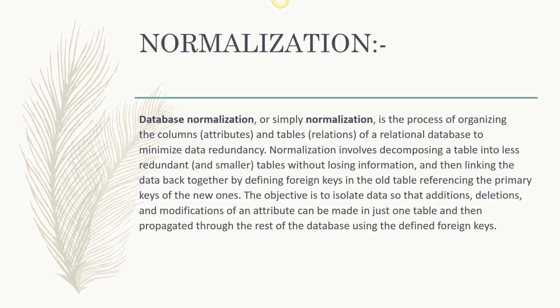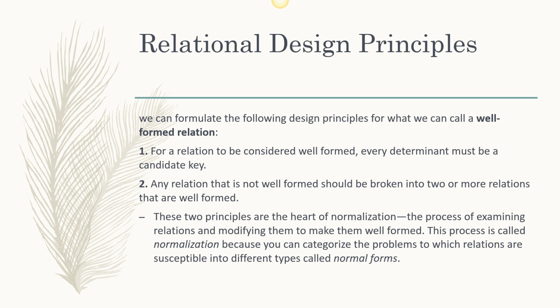The objective is to isolate data so that additions, deletions, and modifications of an attribute can be made in just one table and then propagated through the rest of the database using defined foreign keys.